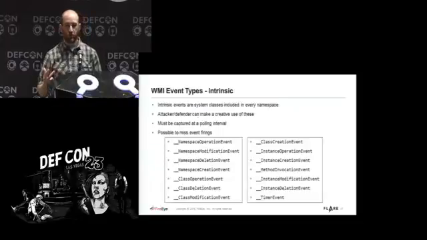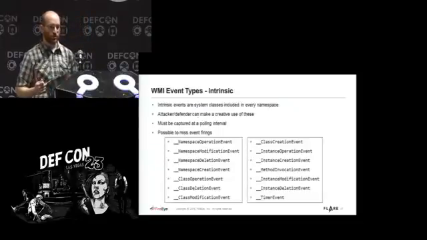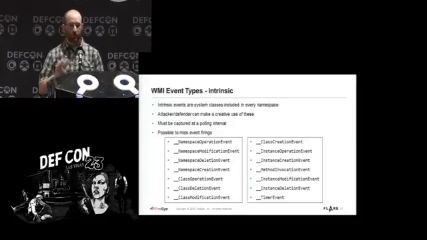All right. So there's two event types, intrinsic and extrinsic. Once you start digging into WMI classes, you'll see that there's a ton of classes that are organized hierarchically into namespaces, not unlike any typical object-oriented language. So within each of these namespaces, you have the following system classes defined.